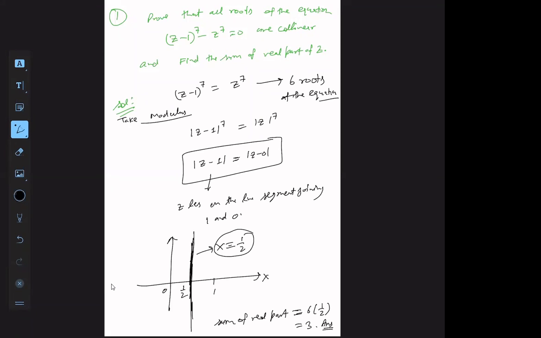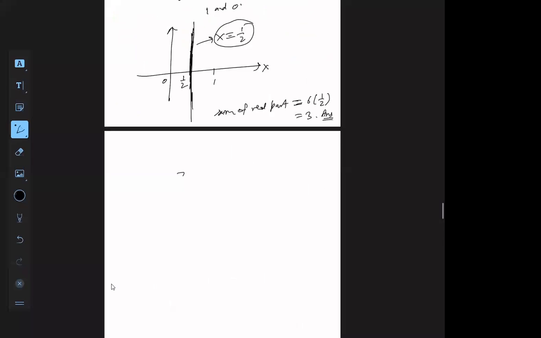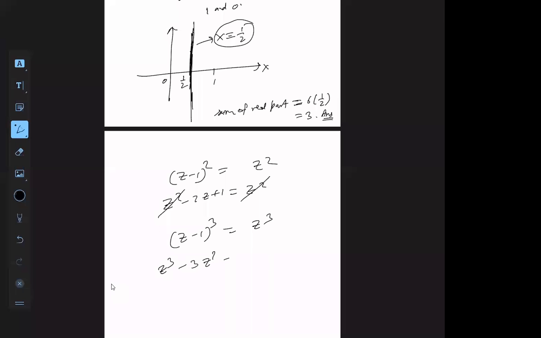So yes, if you expand this, z minus 1 to the power 7. Now consider only, let's say, z square. If you expand this, what will you get? These two terms will cancel out. So basically I am getting only z, that is one less power. Similarly, if you cube it, what will you get? If you expand this, you will get this. So these two terms will cancel out.